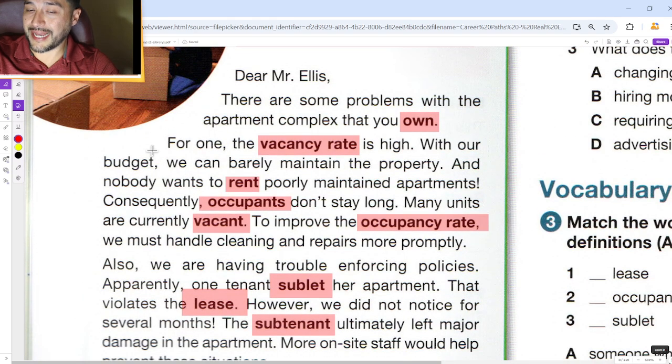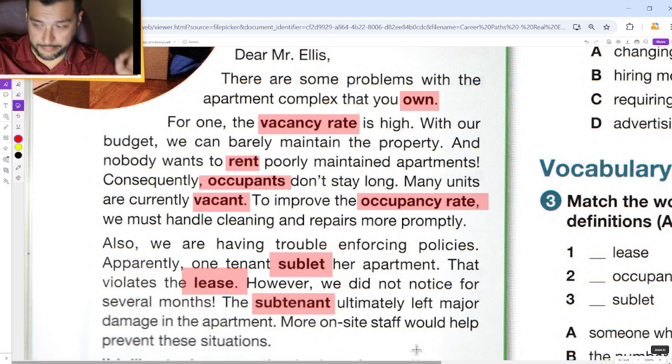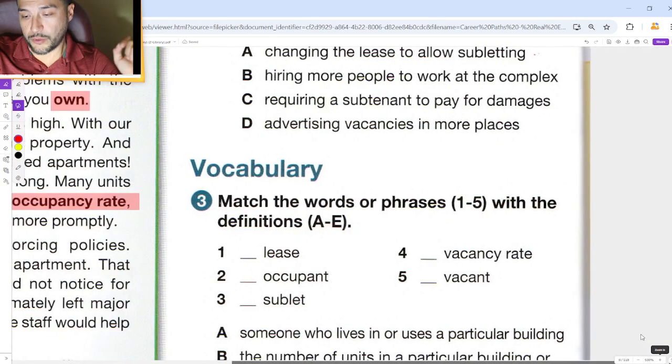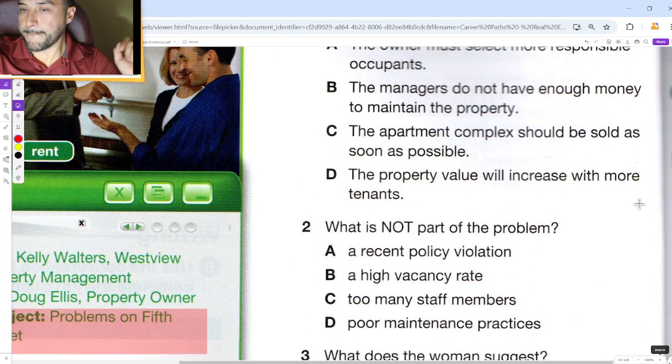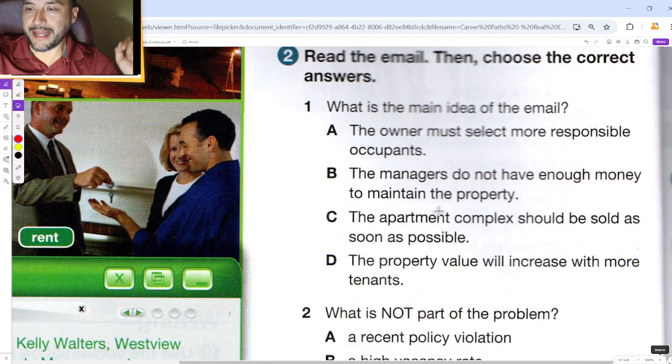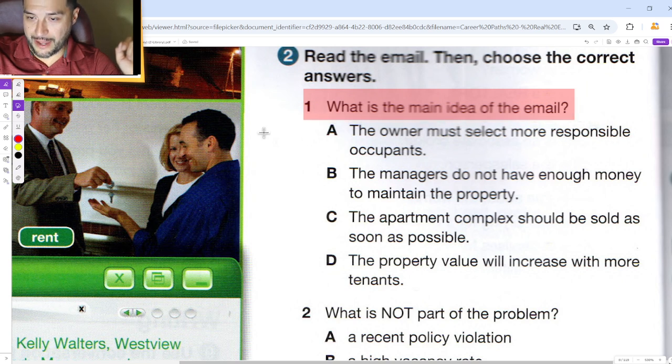Okay, she has some ideas for this property. Let's take a look at the questions. We have the exercise for reading. Read the email, then choose the correct answers. What is the main idea of the email? The owner must select more responsible occupants.